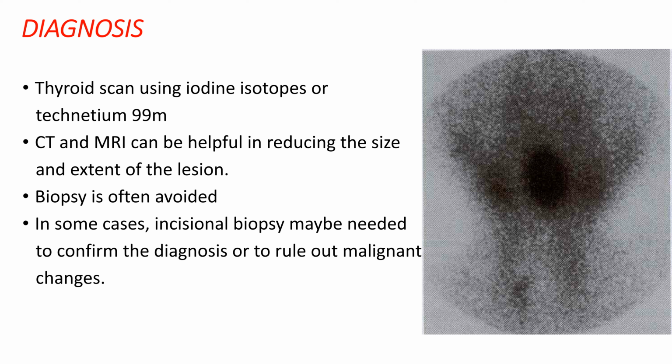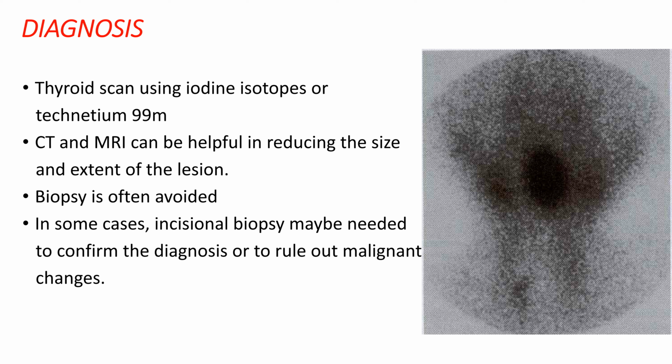Diagnosis is best established by thyroid scan using iodine isotopes or technetium 99m. CT, that is computed tomography, and MRI, magnetic resonance imaging, can be helpful in defining the size and extent of the lesion.